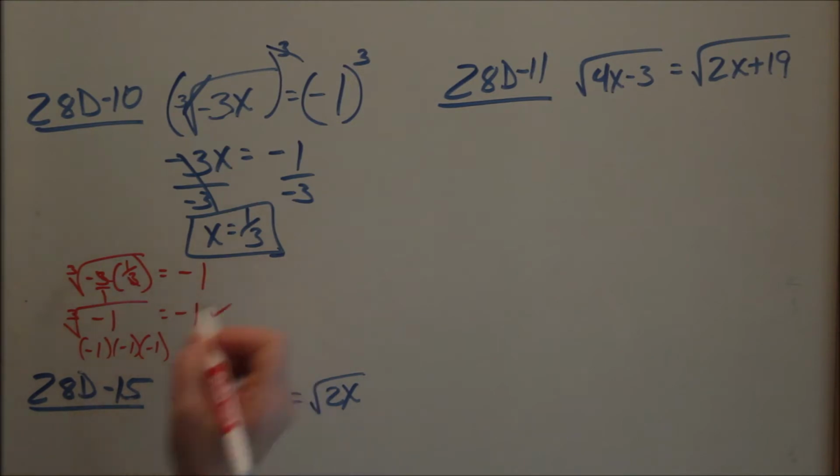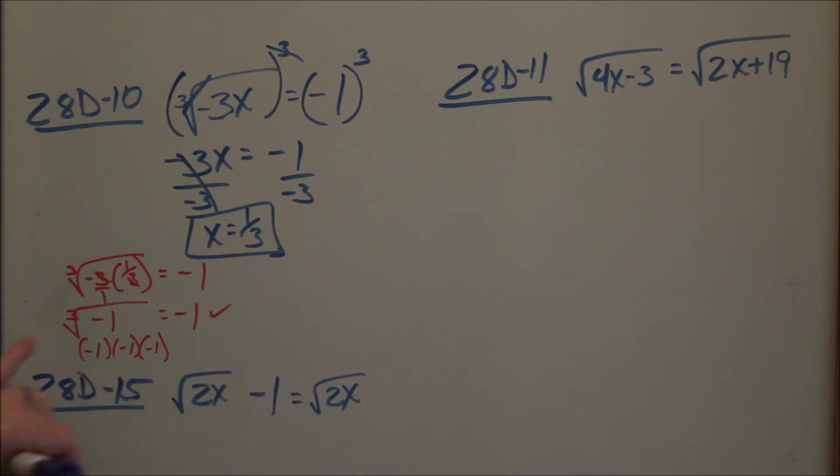So that does check. You can do the cube root of a negative number, but you cannot do the square root of a negative number. When this is an even number like 2, 4, 6, square root, 4th root, 6th root, you can't do that of a negative number. That's imaginary. But you can do cube root because a negative times itself 3 times does give you a negative number.